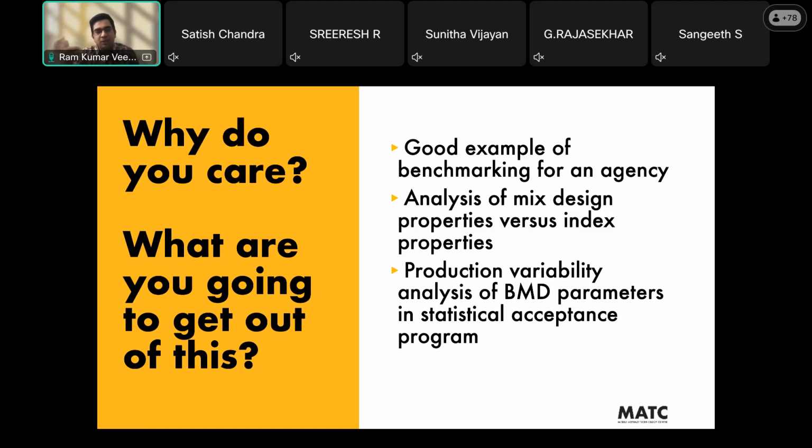And what makes this work unique is that the research work that we were performing looked at the analysis of production variability from the data provided by VTrans. So how this production variability would impact your overall BMD parameters in a statistical acceptance program.